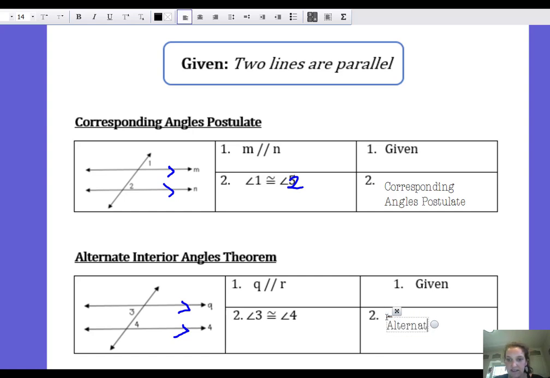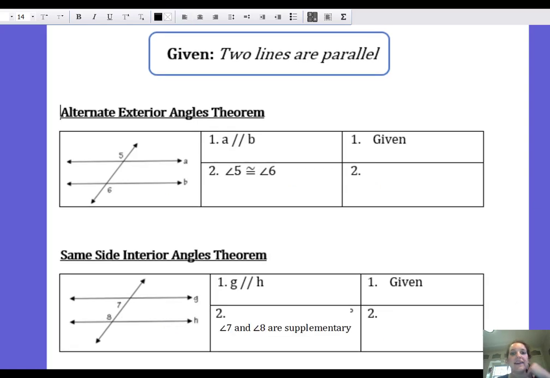That's the reason. Because we know the lines are parallel, we're allowed to say that those angles are congruent.